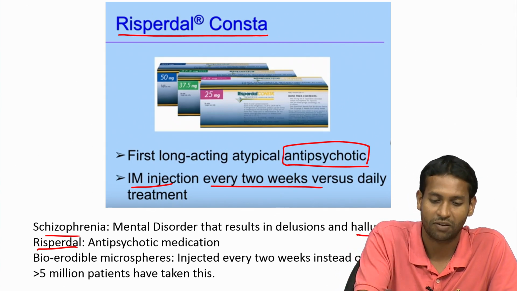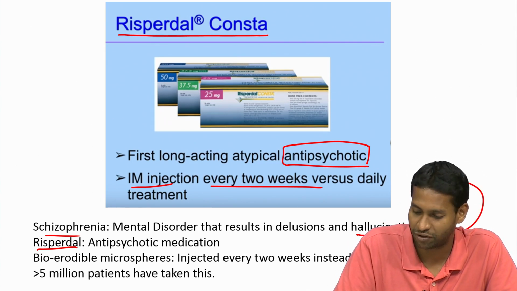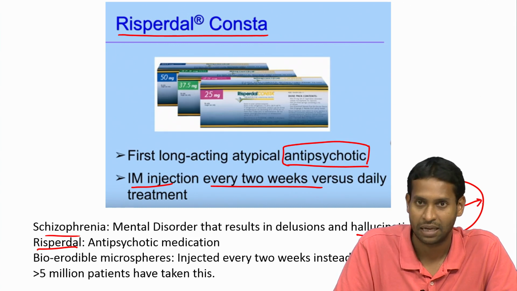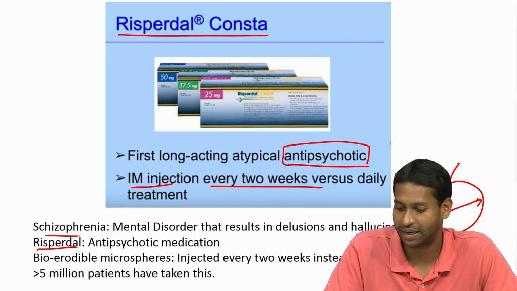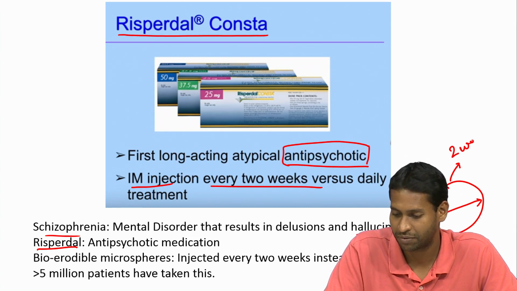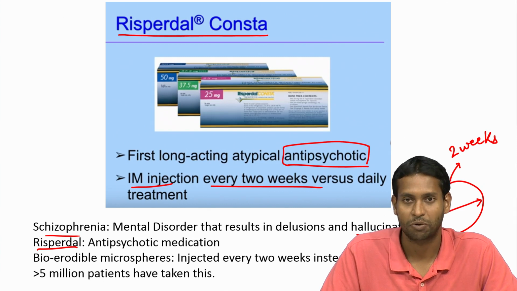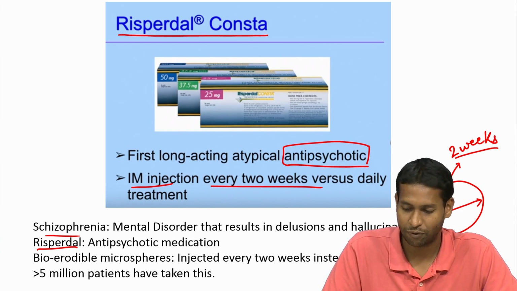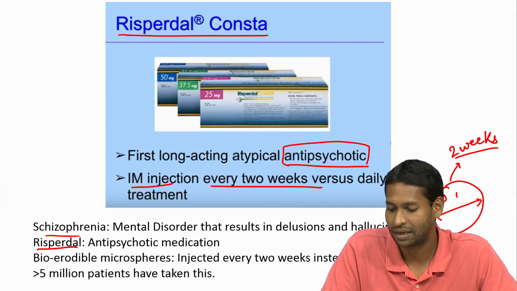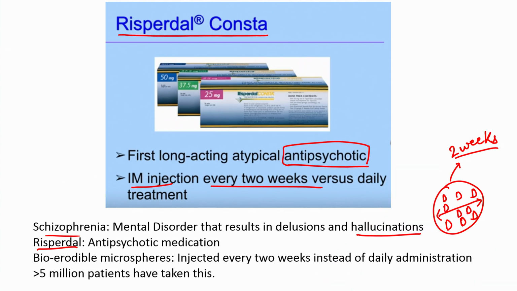What is done in this particular formulation is that bioerodible polymer microspheres are used again, and in this case their residence time is about 2 weeks. That means these polymers will degrade over a period of 2 weeks, and whatever drug is encapsulated in these polymers will then release over that period of time.